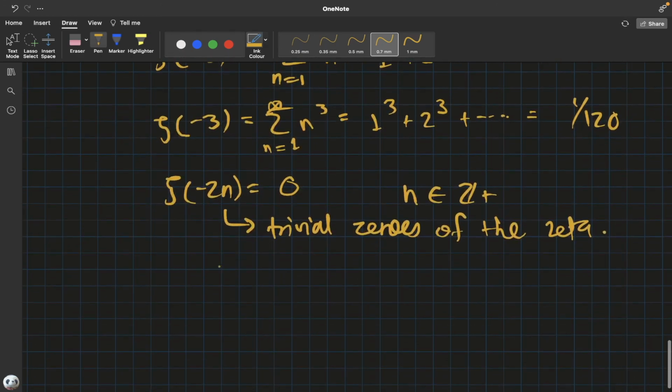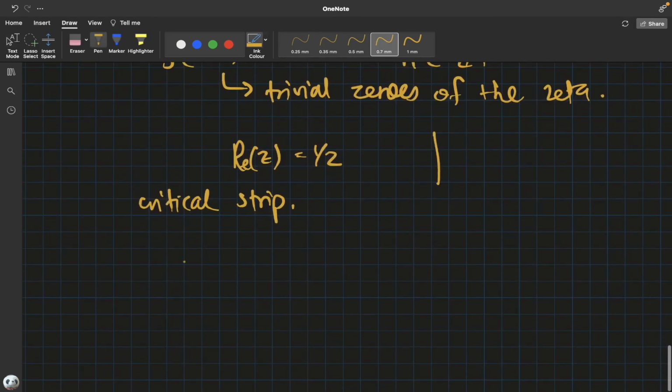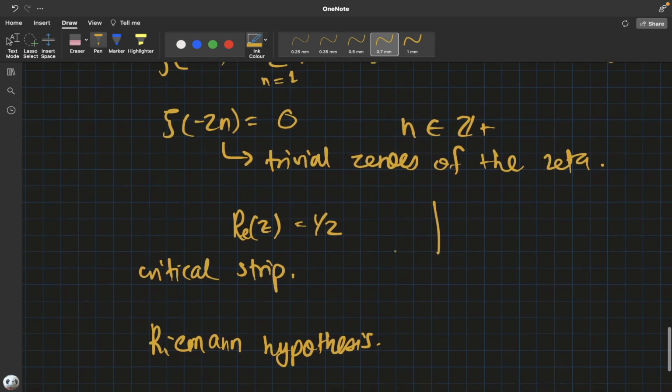There's also zeros where the real part of z is 1/2. On that strip, which is called the critical strip, there's zeros. So as I've talked about before, the Riemann hypothesis is proving or disproving that all the zeros of the Riemann zeta are the trivial ones or the ones that lie on the critical strip.